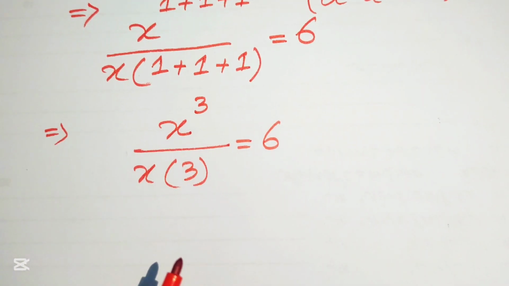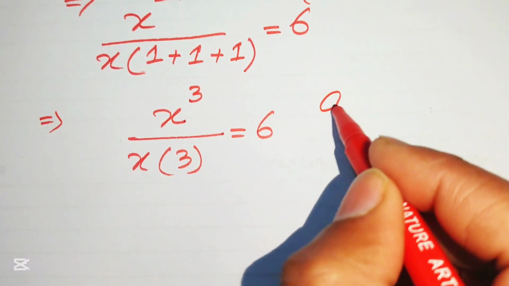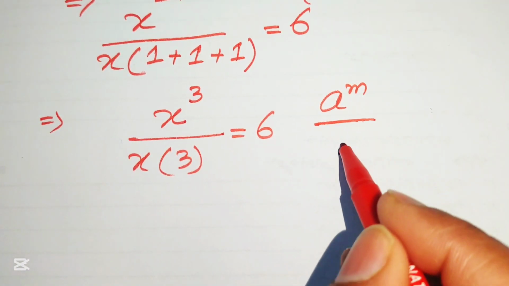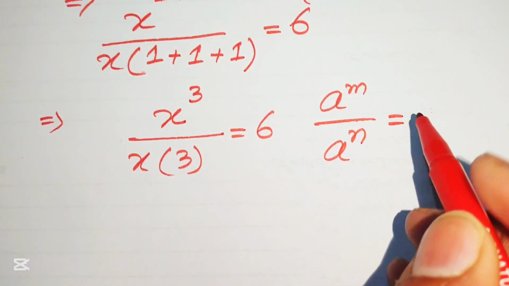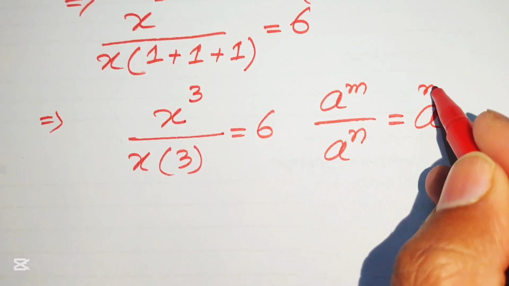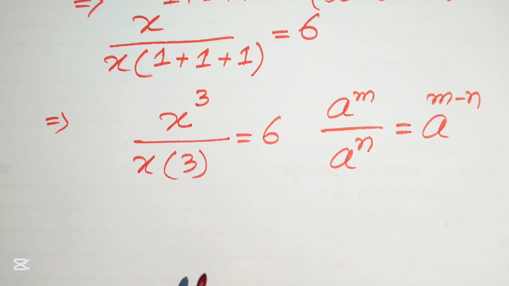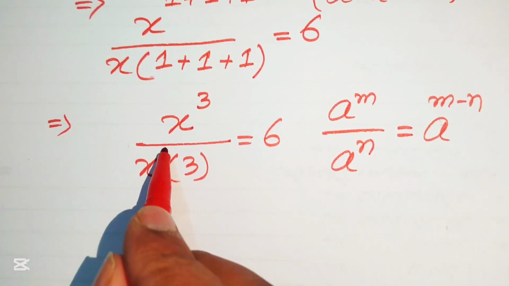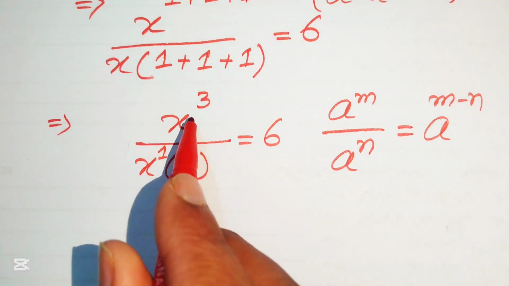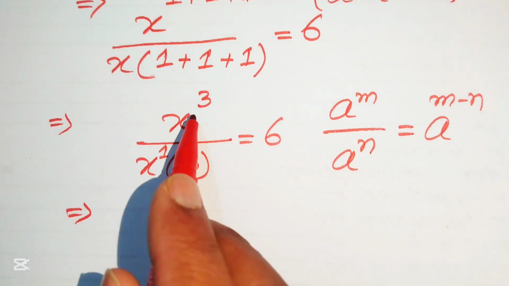Okay, so further we apply another exponential law, and we know that a to the power of m divided by a to the power of n equals a to the power of m minus n. It means that this exponent will be subtracted.